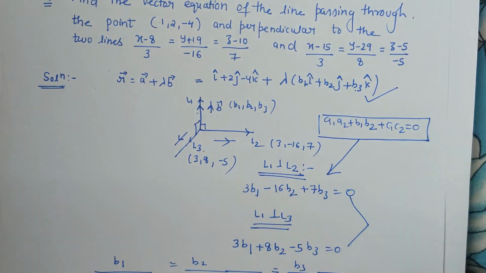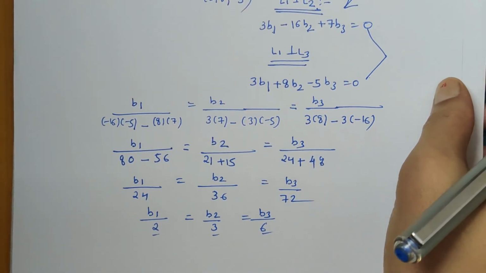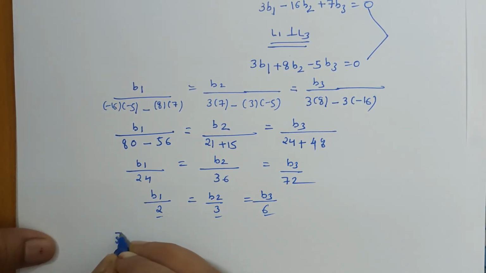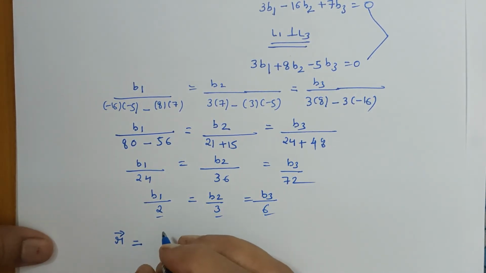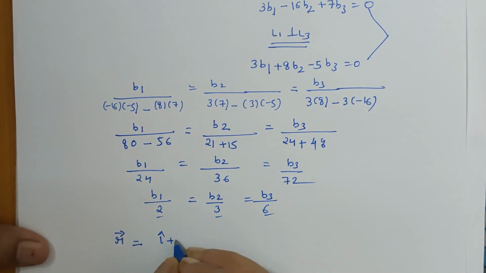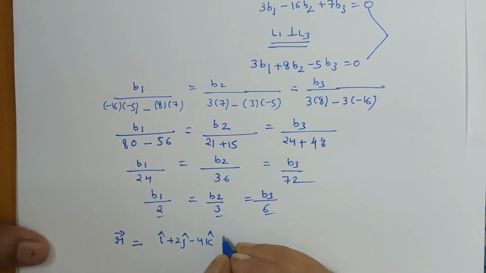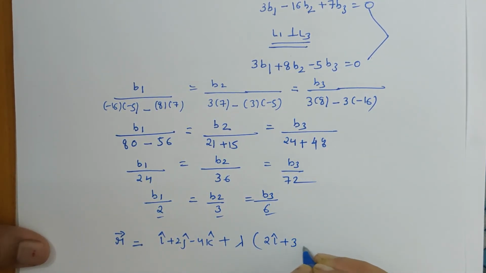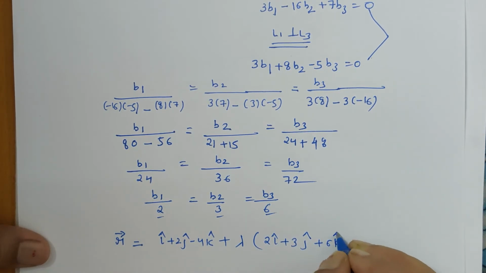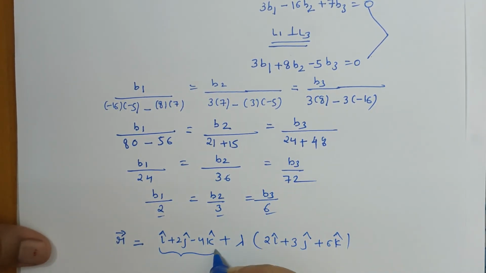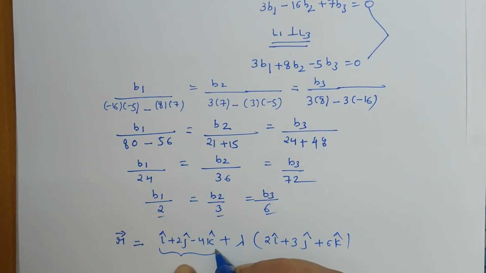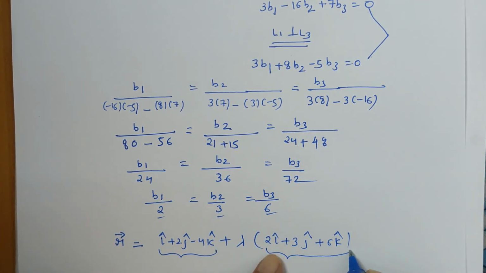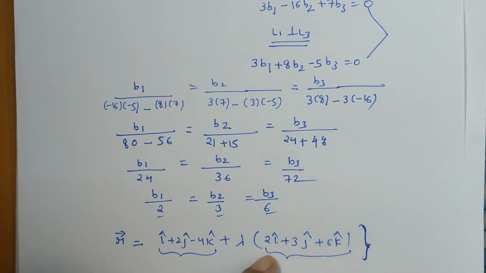The required equation of the line is i cap plus 2 j cap minus 4 k cap plus lambda times (2 i cap plus 3 j cap plus 6 k cap). The first part is the position vector of the point through which the line passes, as given in the question, and the second is the vector parallel to the required line.